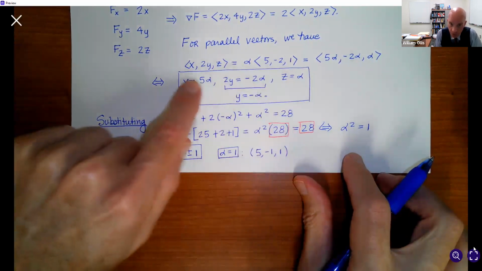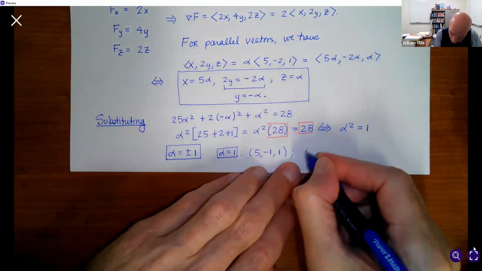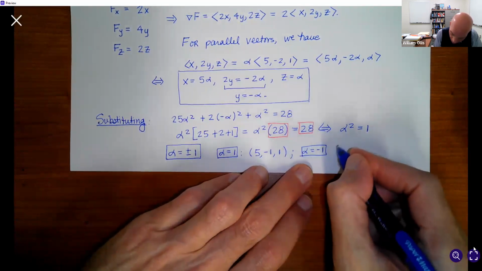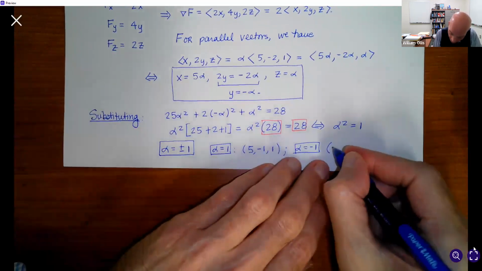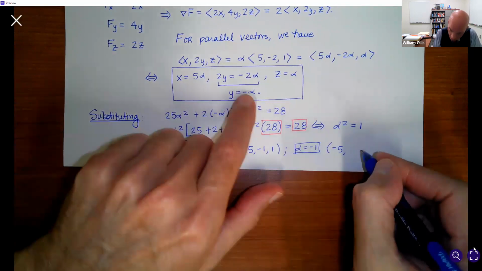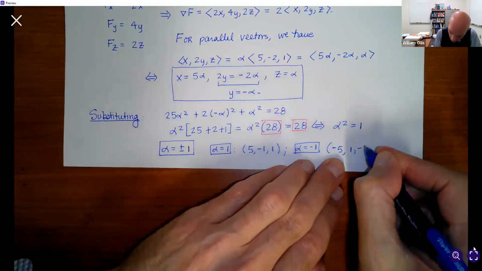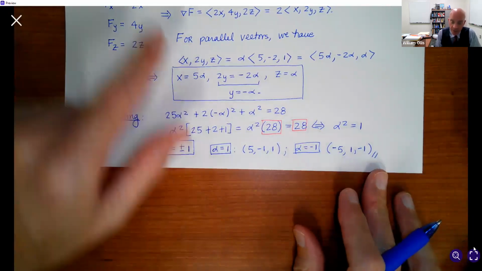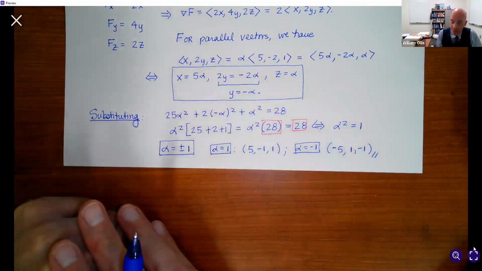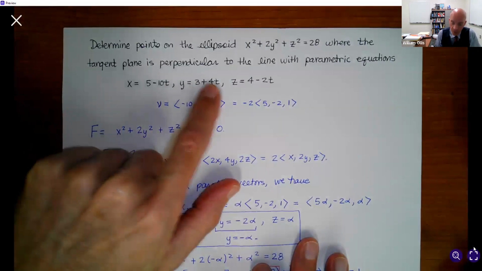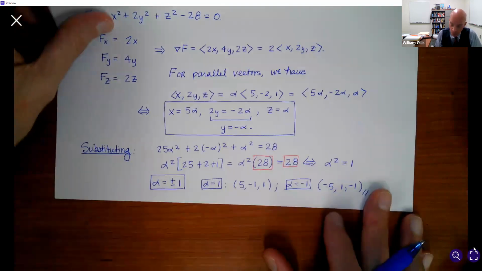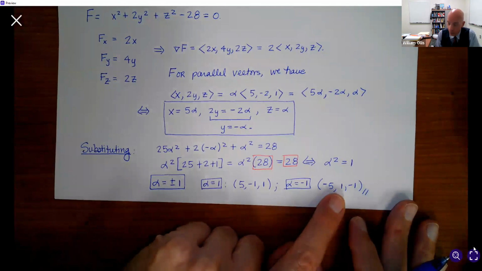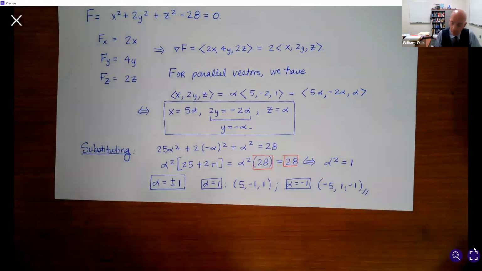For alpha equal negative 1, the coordinates will be negative 5, positive 1, and negative 1. This gives us the points where the tangent plane is perpendicular to the given line. That is points (5, -1, 1) and (-5, 1, -1). And we are done.